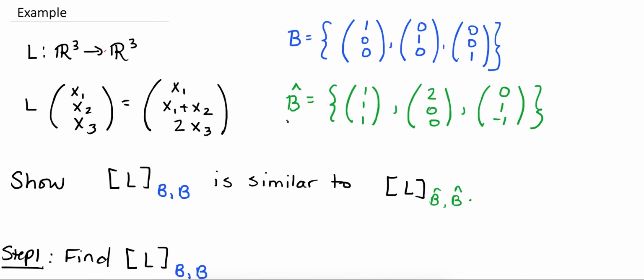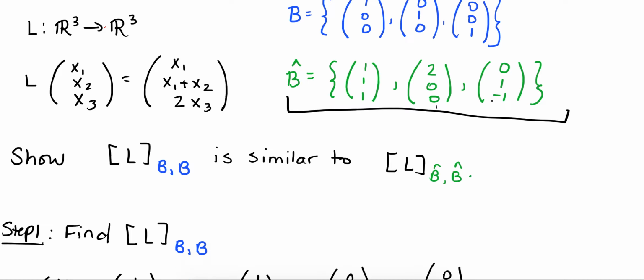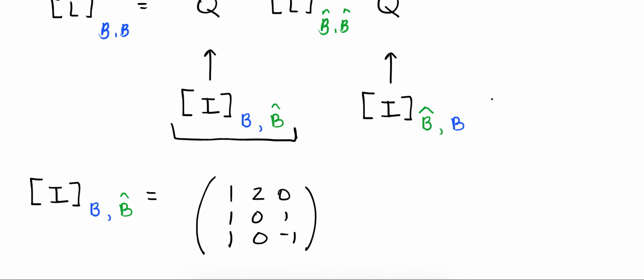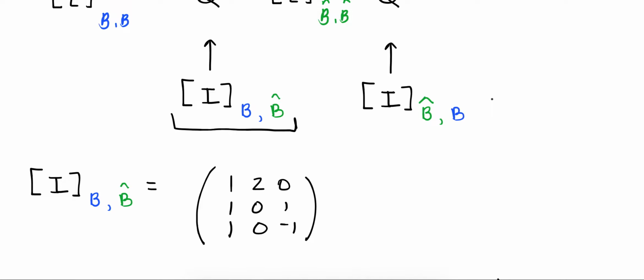So we're taking this basis and writing it in terms of the standard basis. Well, that would just mean that I put these as my columns in the matrix, because 1, 1, 1 is one of these, one of these, one of these. 2, 0, 0 is two of these, 0 of these, 0 of these, and so on. So that one is really easy to figure out. And so I've written it right here: 1, 1, 1, 2, 0, 0, 0, 1, negative 1.